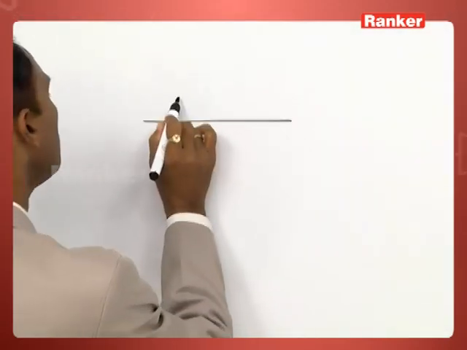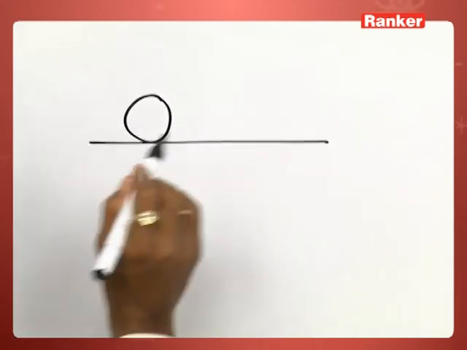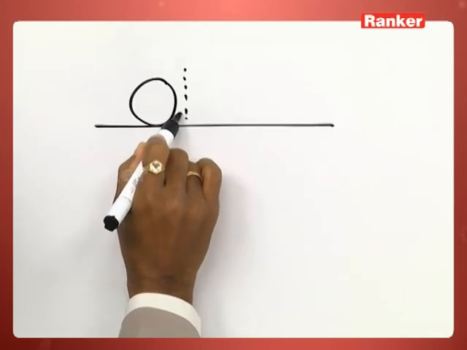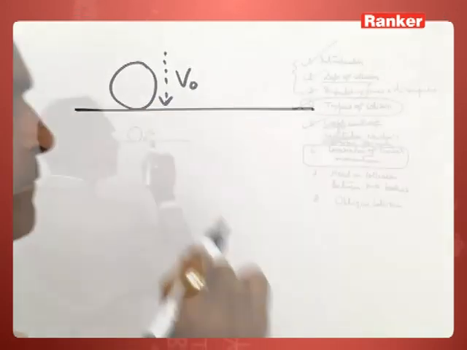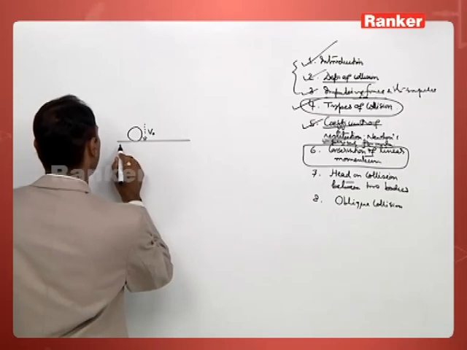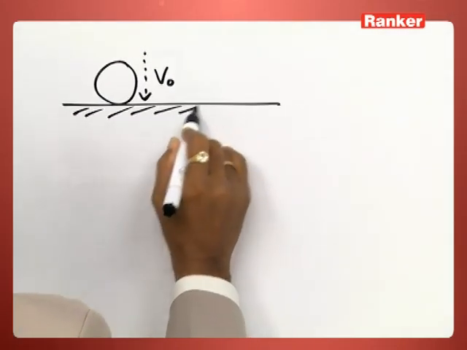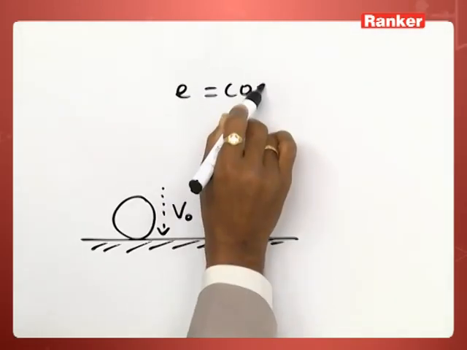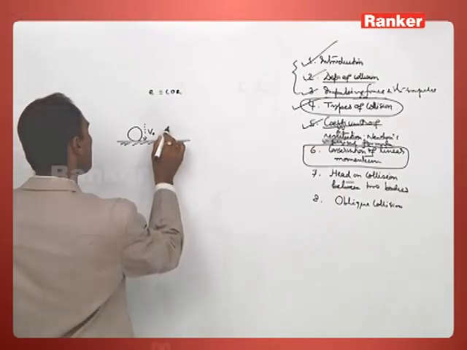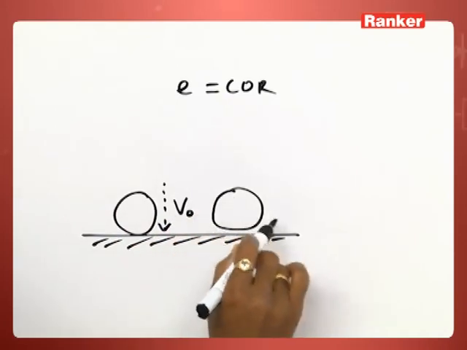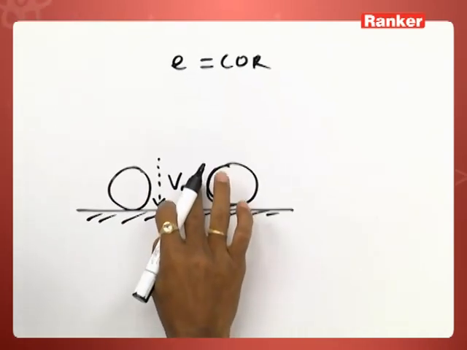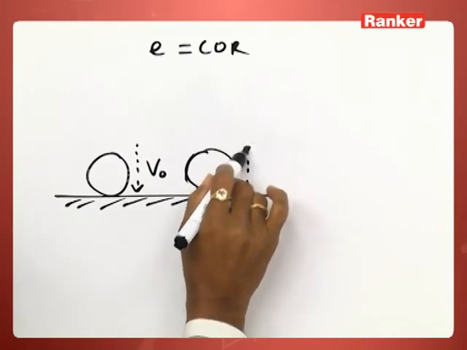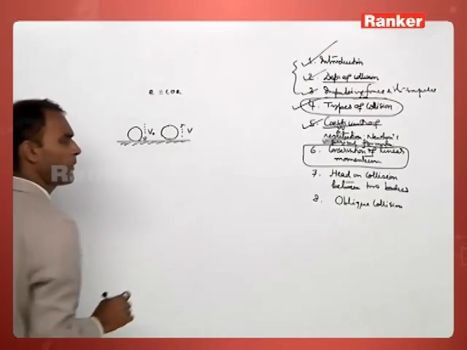Our traditional, easiest example is that the ball is colliding with velocity v naught, say, vertically. e is the coefficient of restitution. Just after the collision, the ball will bounce back with velocity v.